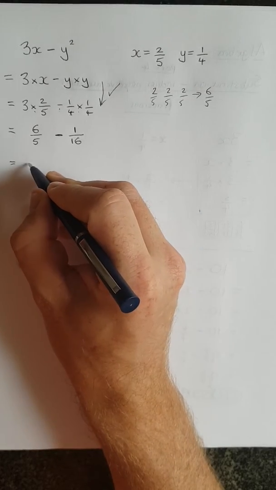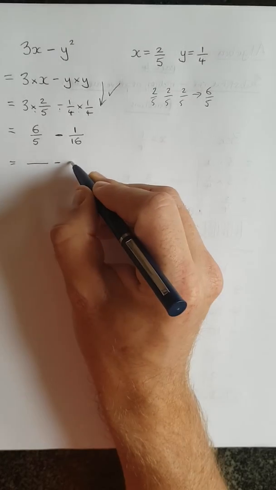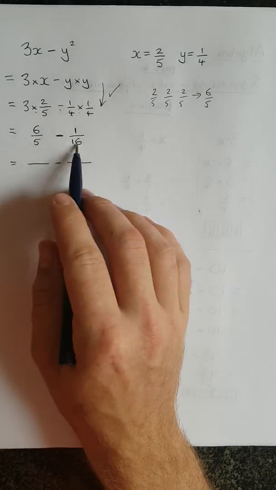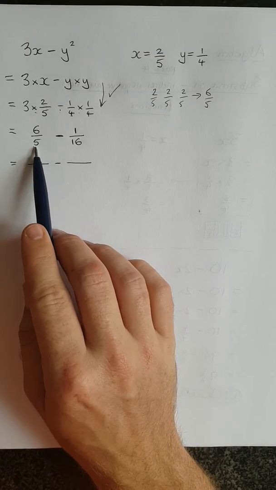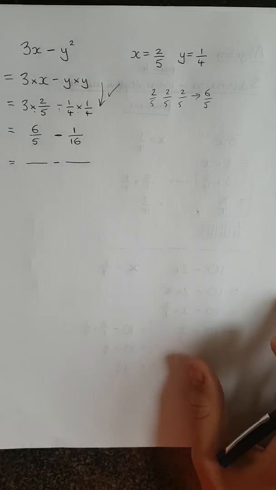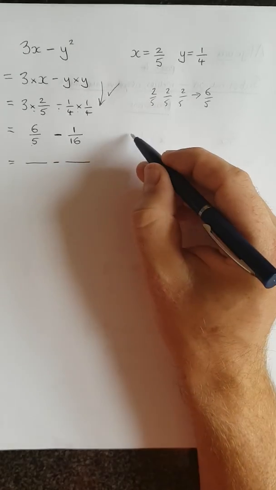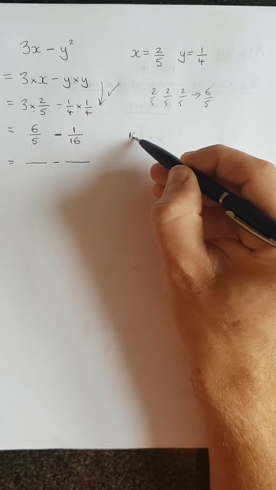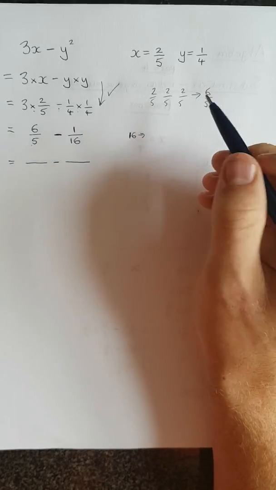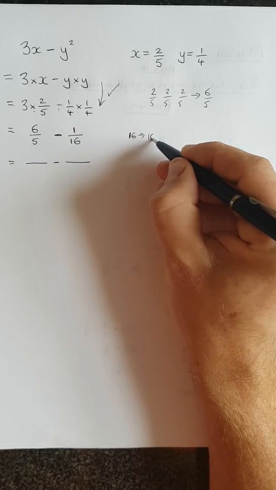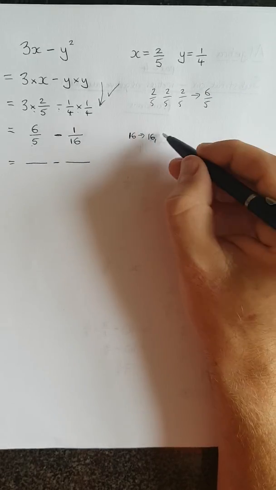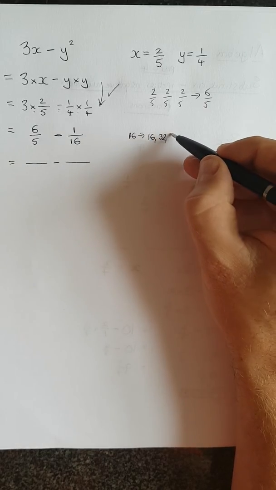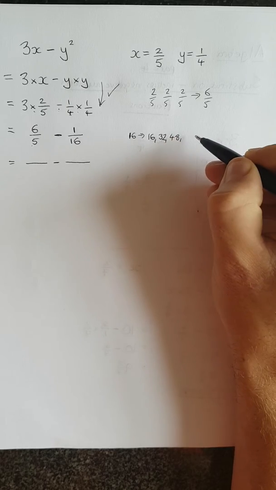So, a reminder, when we are subtracting fractions, we want to have the denominator the same, because we want to have the size of each piece the same. So we're going to think about times tables and where these meet. And I'm going to write out the 16 times tables because I know the 5 times tables end in 0 or 5.